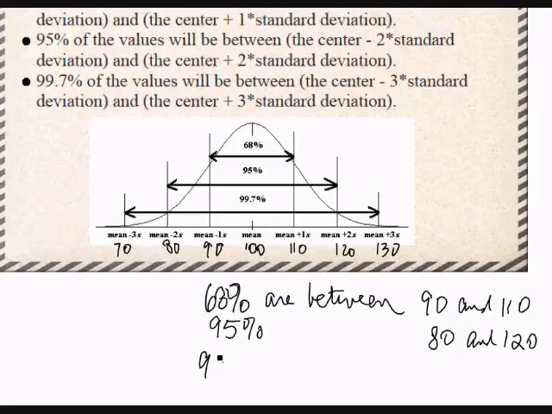And 99.7%, essentially all of the values in my set, are going to be between 100 minus 3 times 10, 70, and 100 plus 3 times 10, 130.